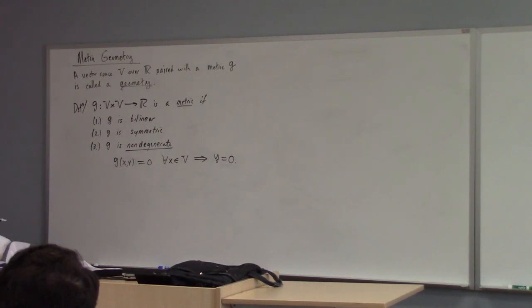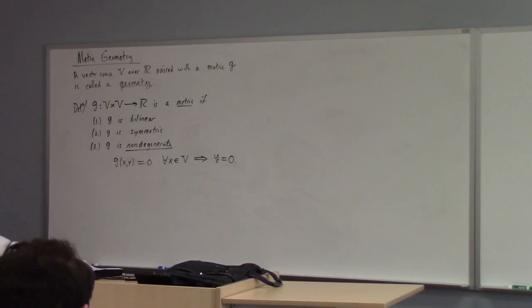So this is different than an inner product, all right? An inner product is also a bilinear symmetric map, but we don't say non-degenerate. Instead, for an inner product, what is 3 replaced with? What's that? Positive definite. Positive definite is correct, yeah.